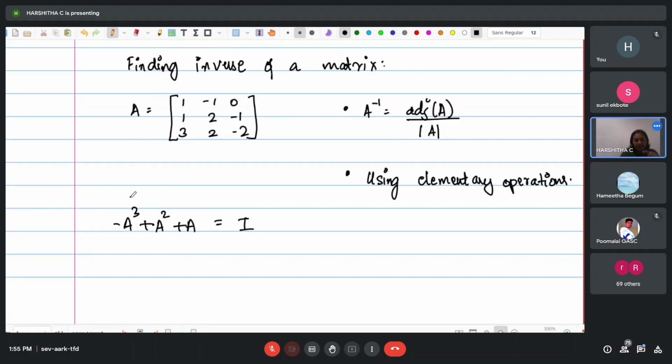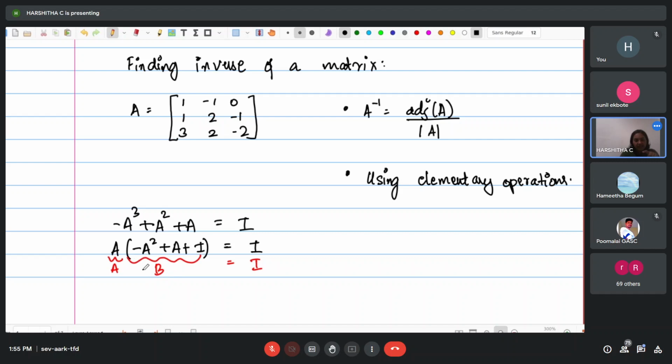Now you look at it. Here you can take A common. So you can write it as A times minus A square plus A plus identity equal to identity. So what have we got in doing this process? We have got A times some matrix B equal to identity. And what is the inverse of a matrix? It's exactly that matrix which you multiply with A to get identity, right?